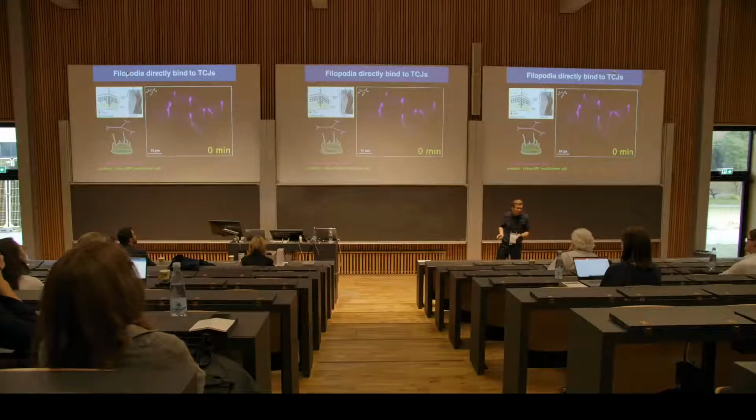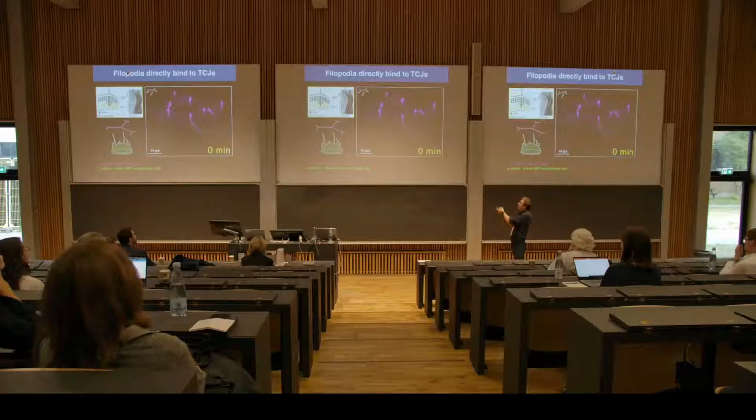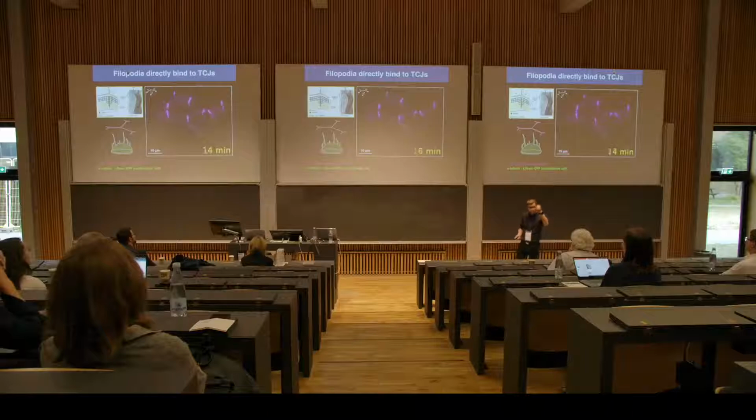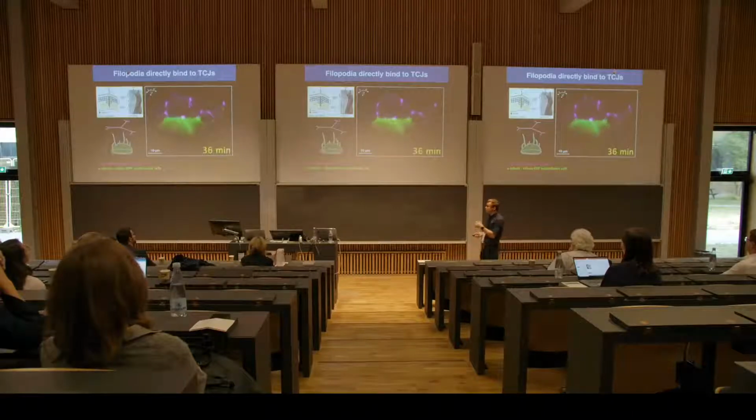So we simply image this process. Again, you can already see these cables hanging down from the tricellular junctions, and then at some point, when I play the movie, you start seeing these cells moving from the bottom and making these filopodia. And it was very clear that these filopodia are actively binding these cables, actively connecting with these cables at these vertices.